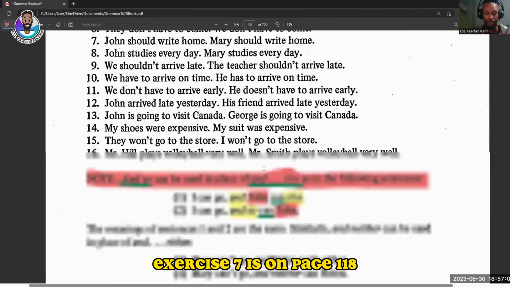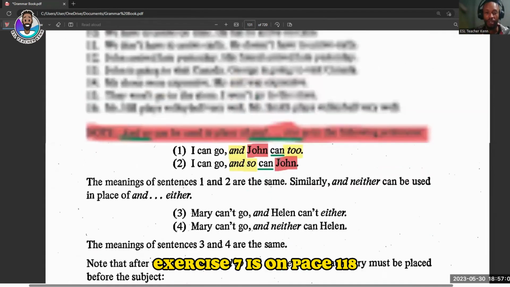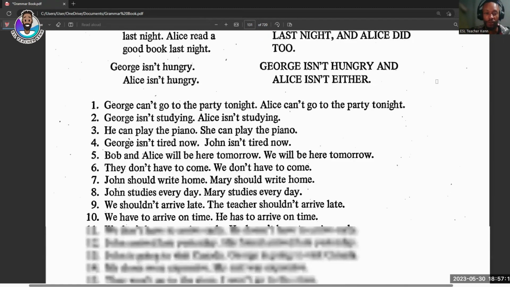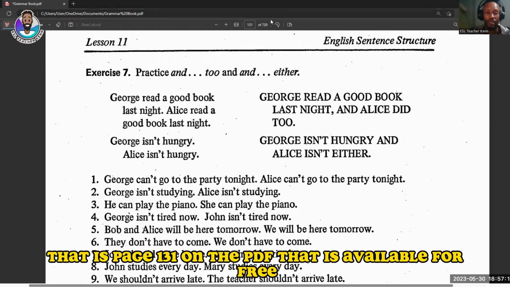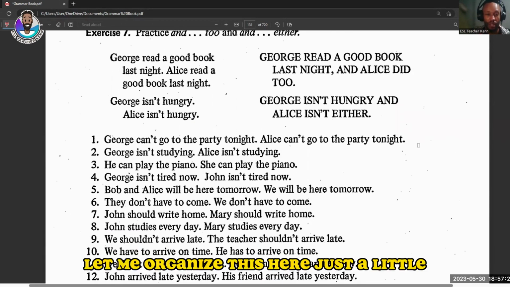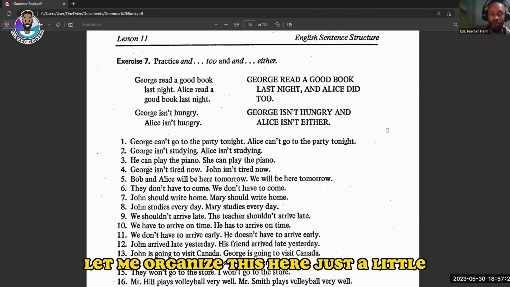Exercise 7 is on page 118 of the English Sentence Structure book. That is page 131 on the PDF that is available for free. Let me organize this here just a little.